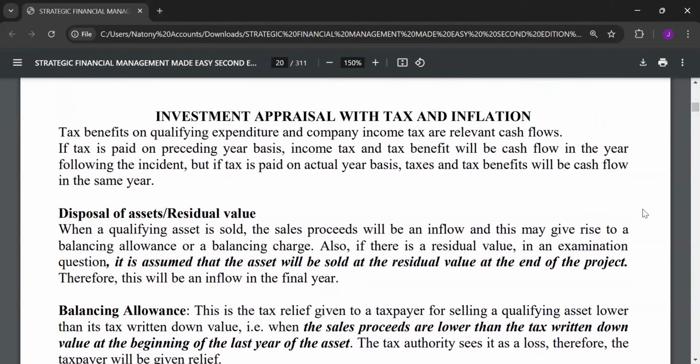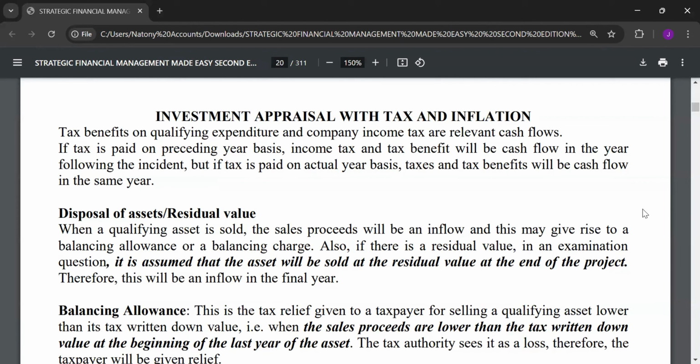So the cash flows here relating to tax have to do with your initial outlay, the amount that you used to purchase an asset, on which the company is going to claim capital allowance, and also your operating profits. The company is going to pay taxes on operating profits if there are any.